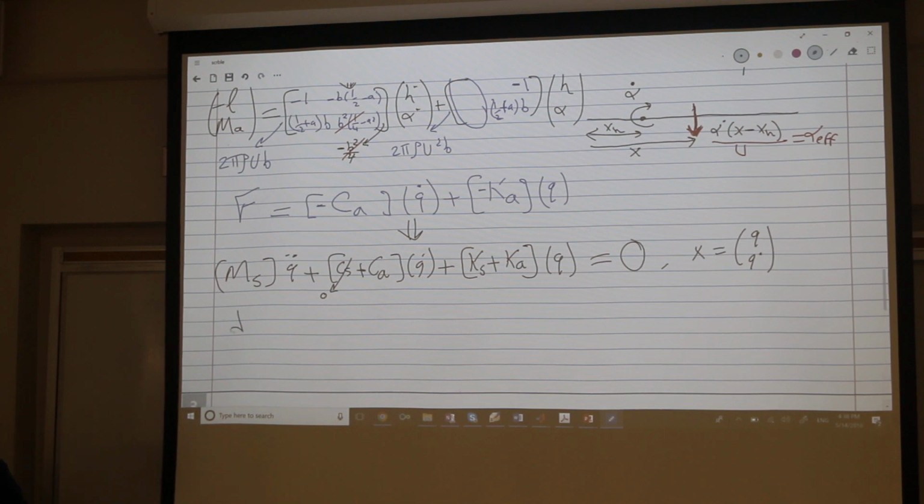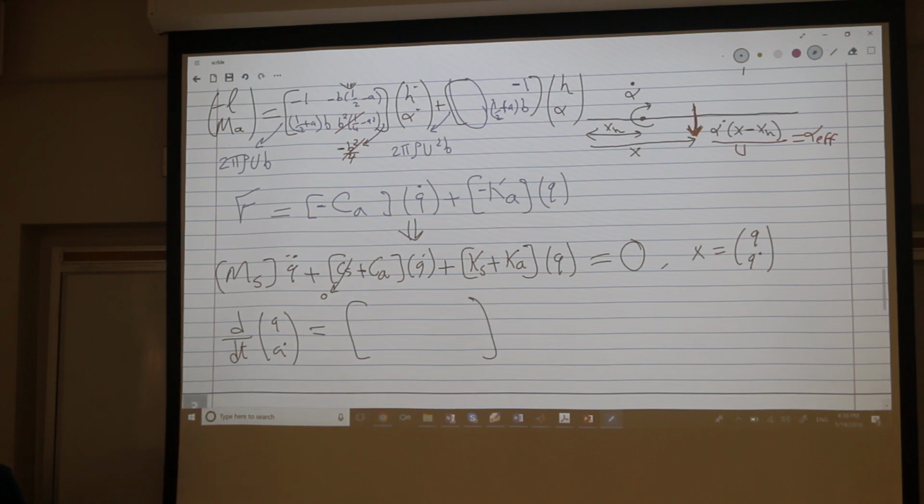And I will write down d by dt for all your states, which is equal to some big matrix times your states, X, so it's Q and Q dot. So this is like X dot equals A times X, okay? And let's fill in our A matrix.